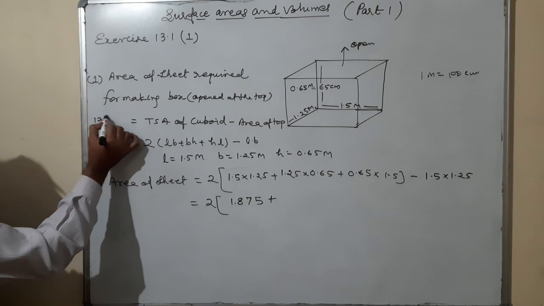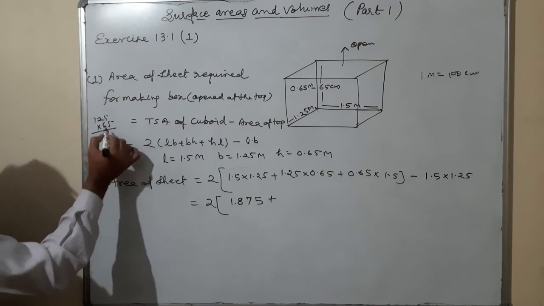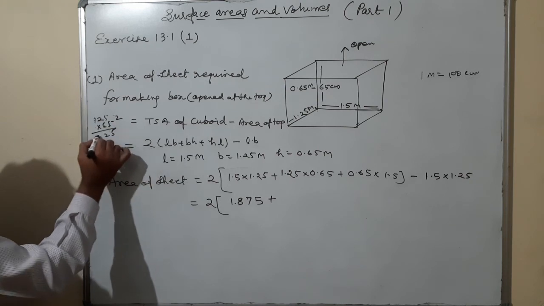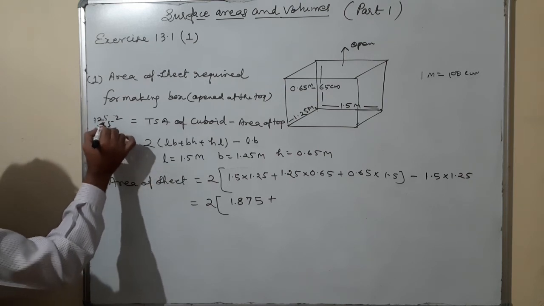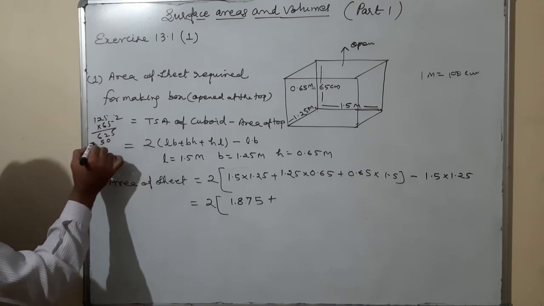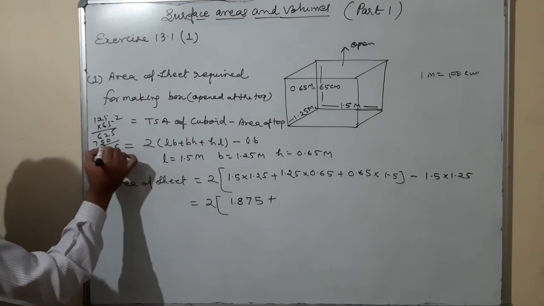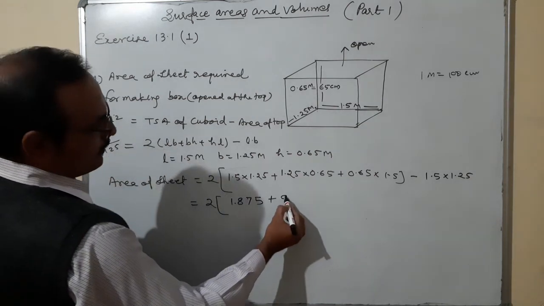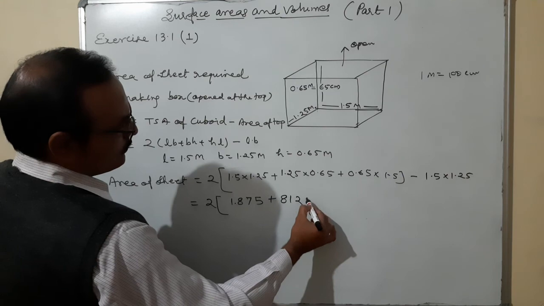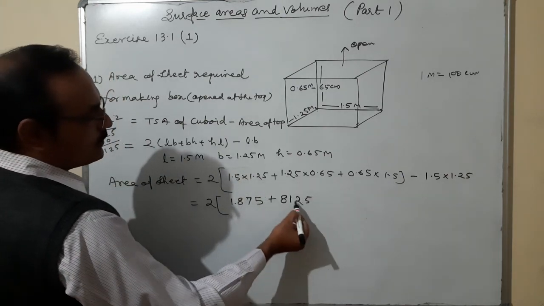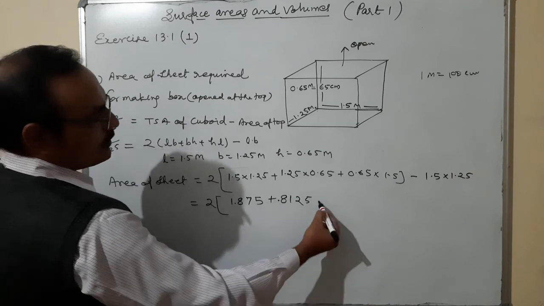Then 1.25 multiplied by 0.65: 125 multiplied by 65 gives 8125, and the decimal comes after four places, so 0.8125.